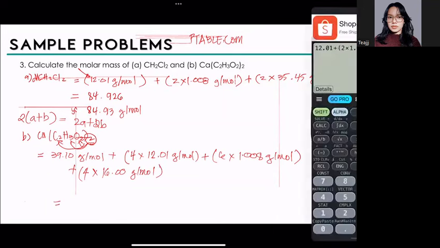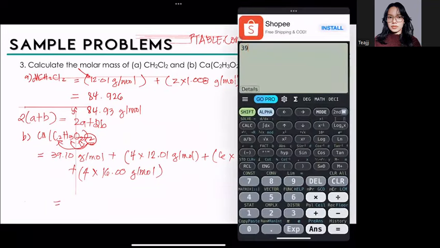So we put all those values into the calculator. That's 4 times 12.01 plus 6 times 1.008 plus 4 times 16.